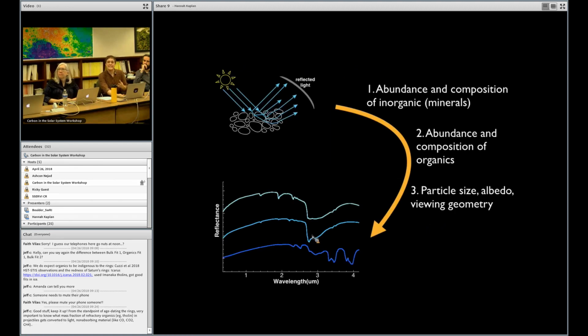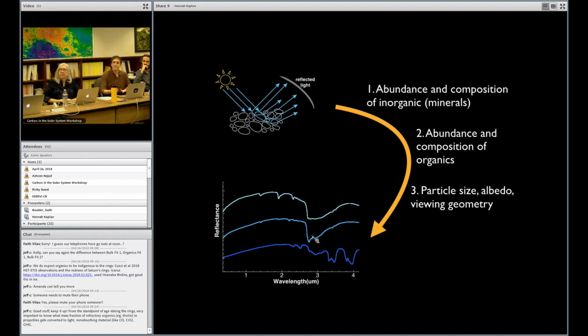So, some details of reflectance spectroscopy that I like to talk about before going through this, especially because people who don't do reflectance spectroscopy might think that this is quite straightforward, and I would argue that it's not that straightforward.